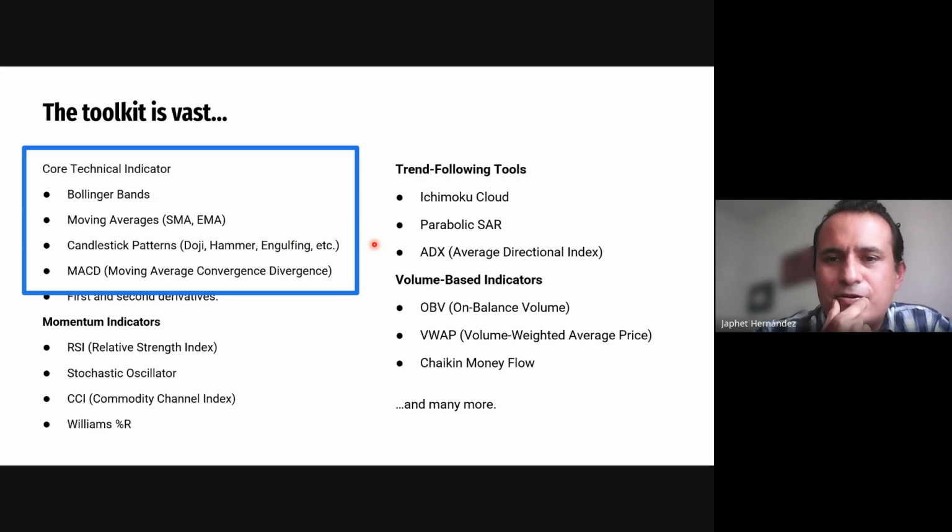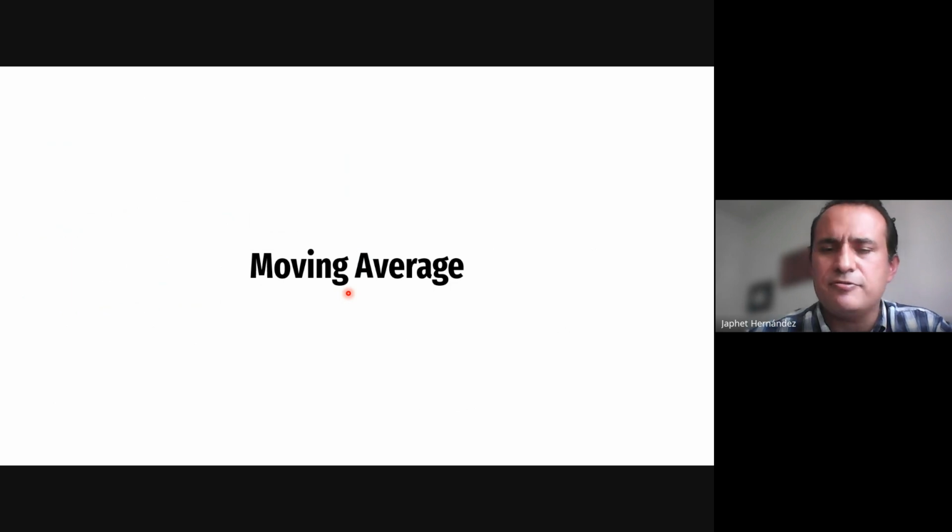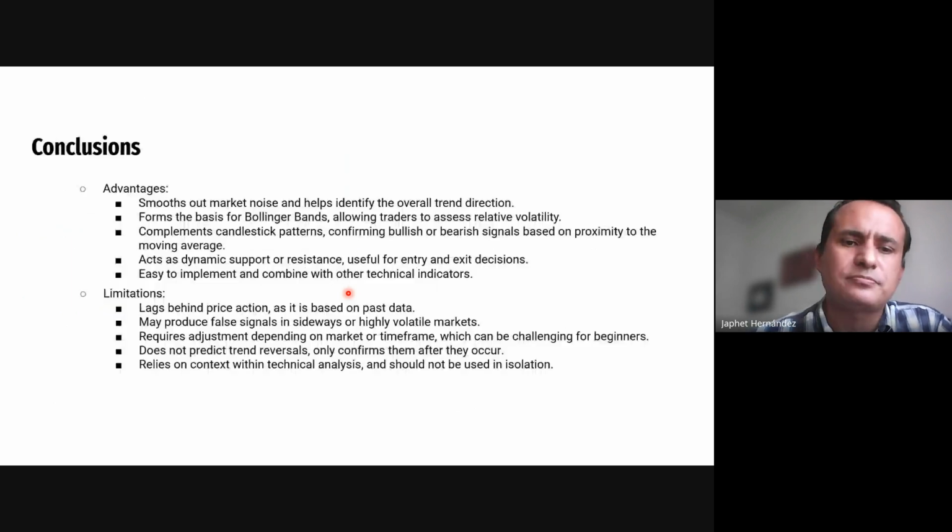That is a very cool thing that tries to capture the sentiment of the market. And to confirm those signals, I used both moving averages and first and second derivatives, which are hidden below this line. And furthermore, I explored the moving average convergence divergence, and they have some very interesting things to be said.